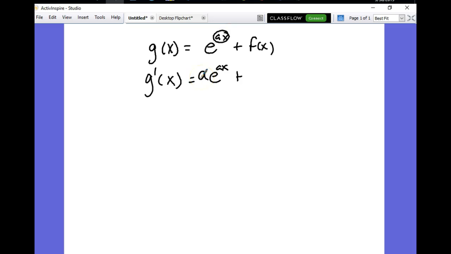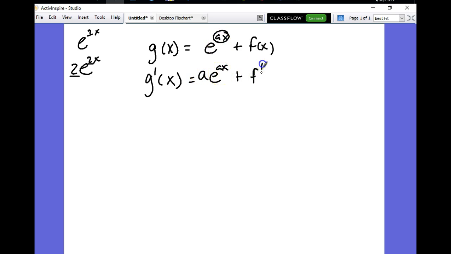Remember, that a is like a constant. So if this was like e to the 2x, for instance, the derivative of that would be 2e to the 2x. Well, since a is a constant, we just don't know what it is. It's going to do the same thing as this constant does, right? That number just comes to the front. The a stays where it is.